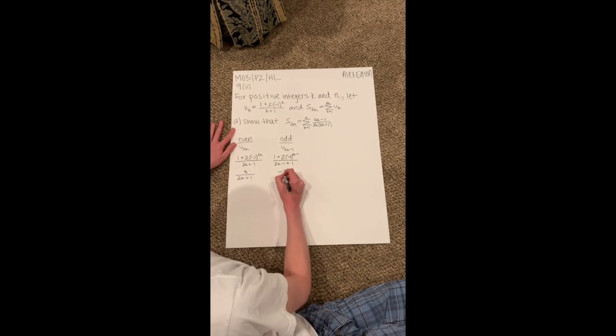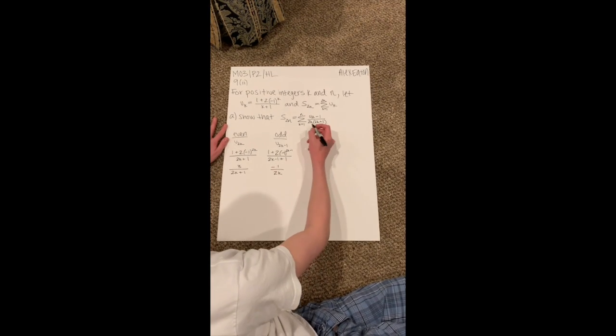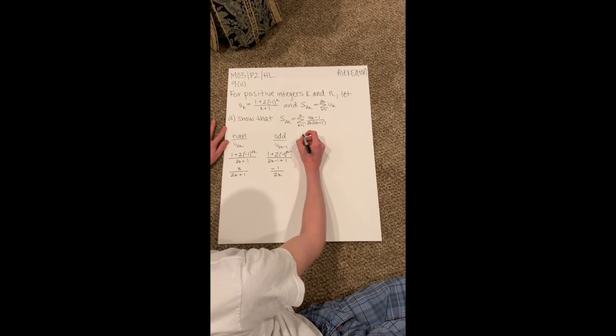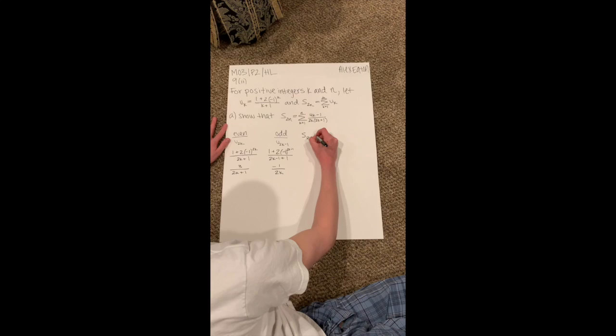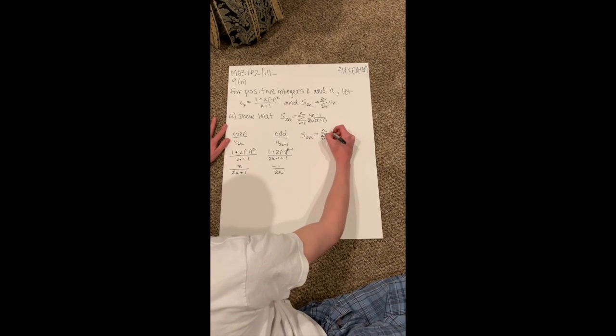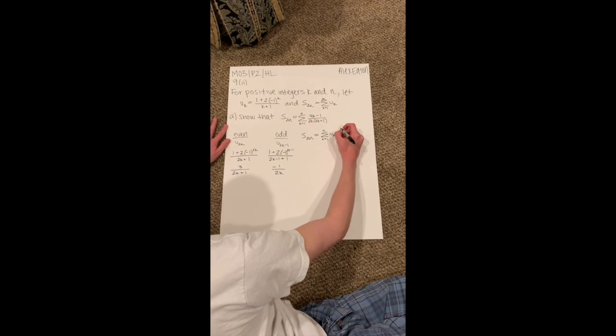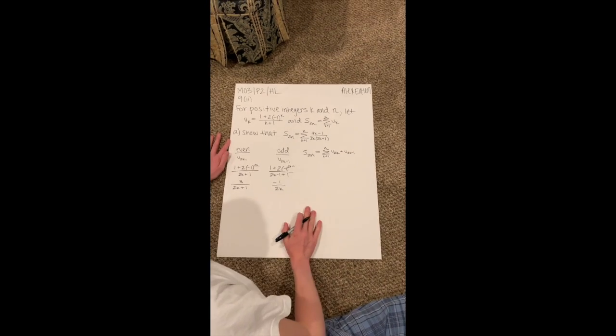So this turns into negative 1 over 2k. And so we can rewrite the sum to 2n as the sum from k equals 1 to n of the even plus the odd terms.